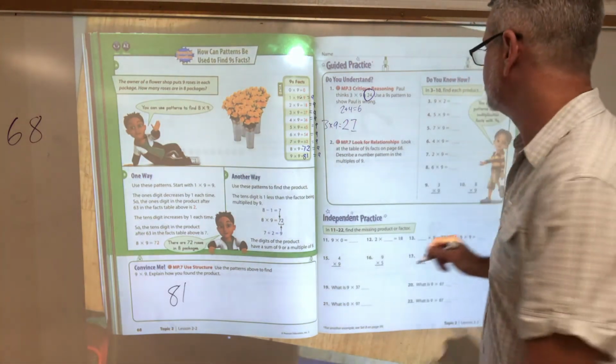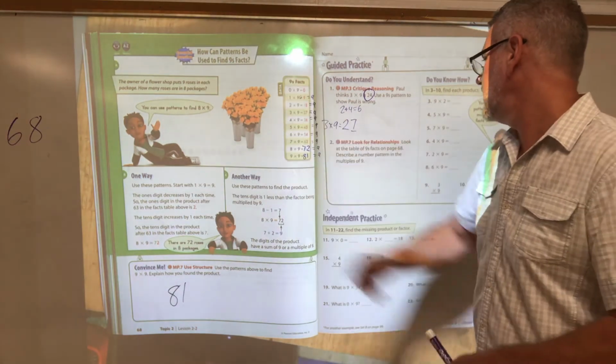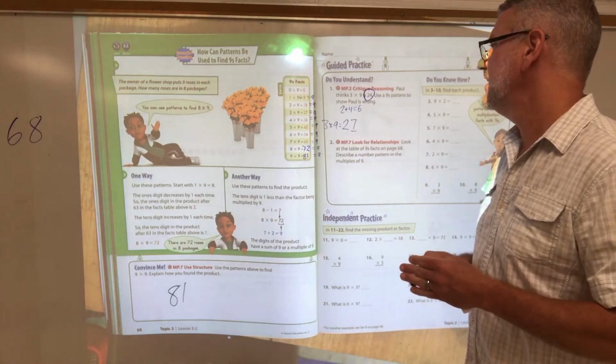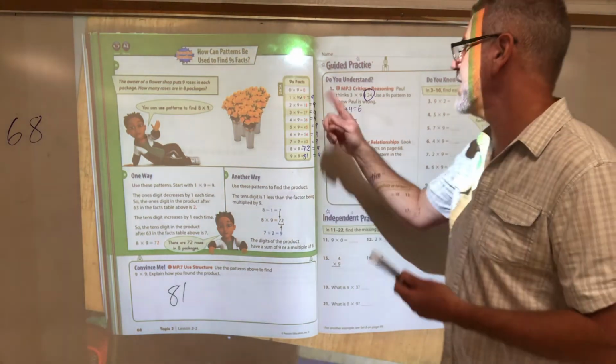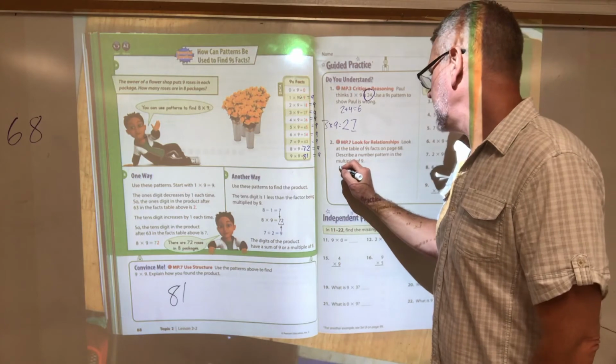Paul is wrong. Number 2, look at the table of nines facts and describe a number pattern in the multiples of 9. What does that mean? Well, a number pattern, we could say what they told us in the video also.